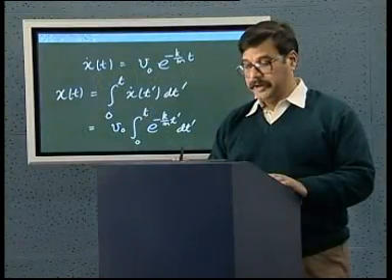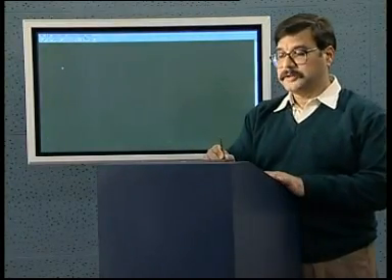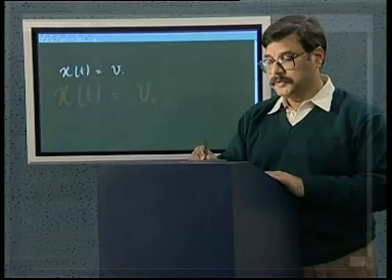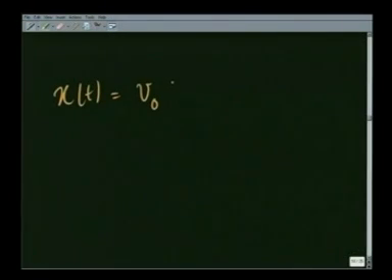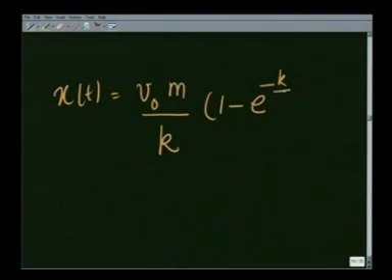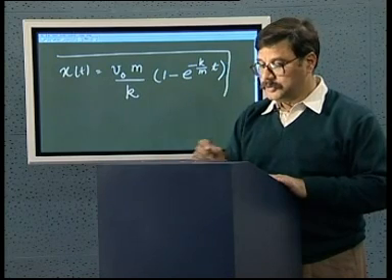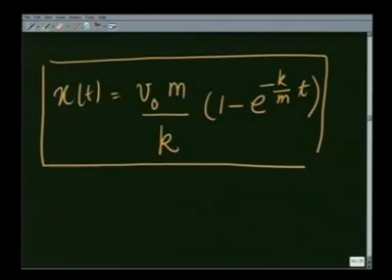After integration I get x of t is equal to v0 m over k times 1 minus e raised to minus k over m t. So I have also calculated how much is the distance travelled in time t.